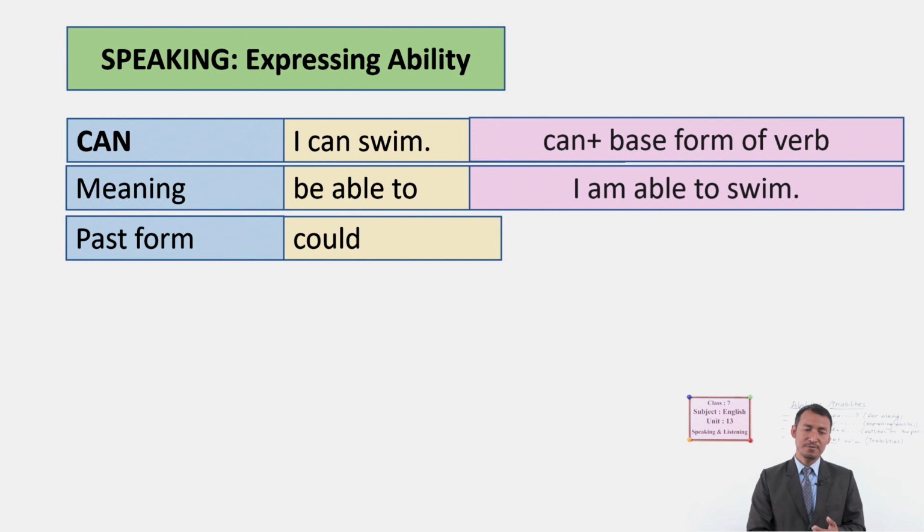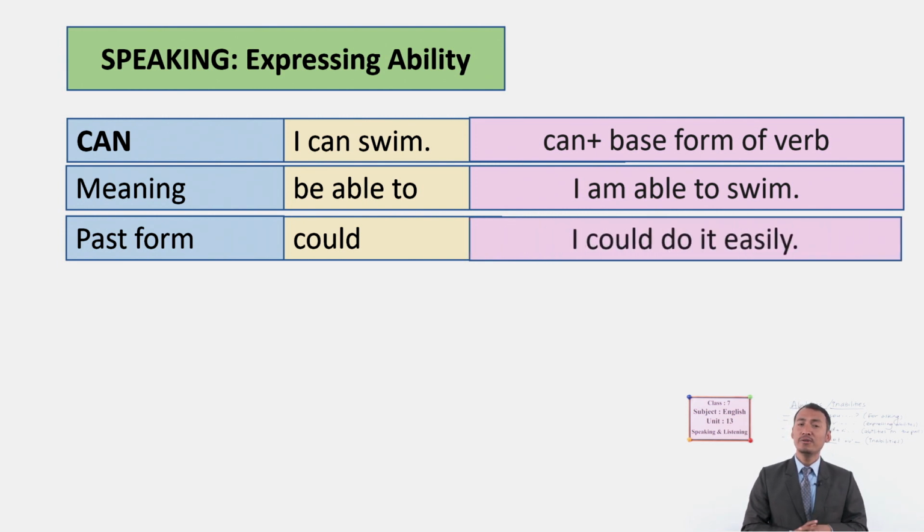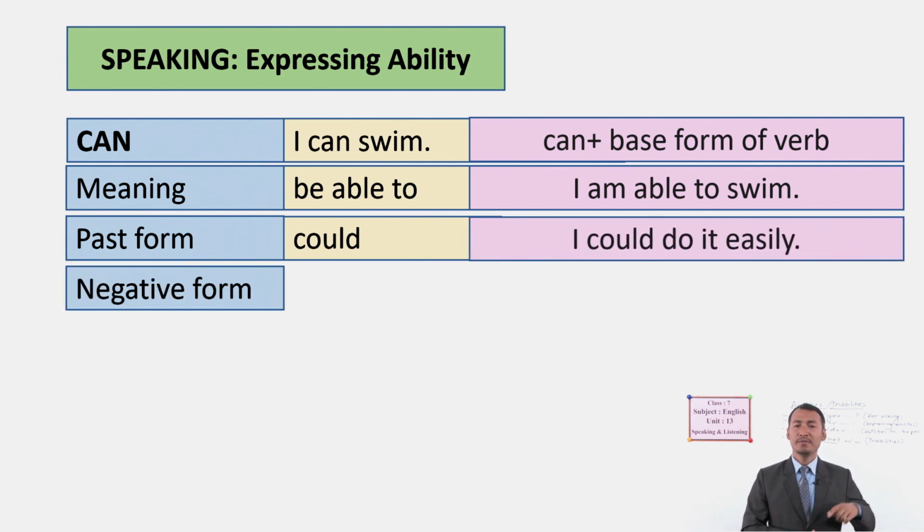The past form of can is could, and you can say I could do it easily. When you talk about yesterday or the previous month or weeks, then you can say I could do it easily last week, or yesterday.